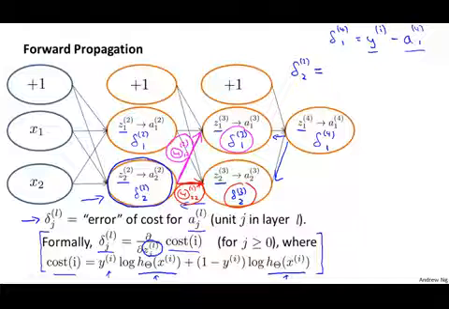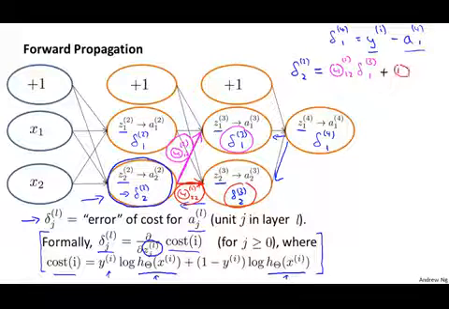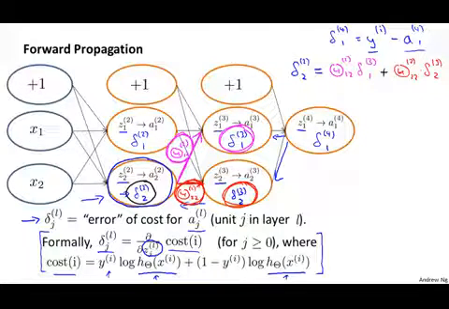So concretely, let me fill this in. This delta 2,2 is going to be equal to theta 2 of 1,2, which is that magenta weight, times delta 3,1, plus the thing I had in red, that's theta 2 of 2,2 times delta 3,2. So it's literally this red weight times this value plus this magenta weight times this value, and that's how we wind up with that value of delta.